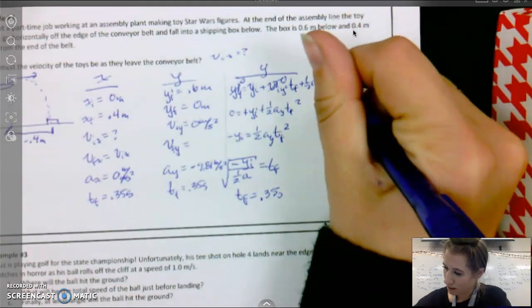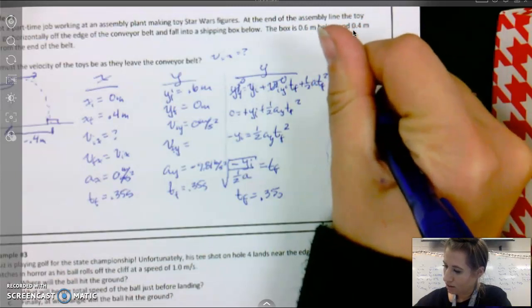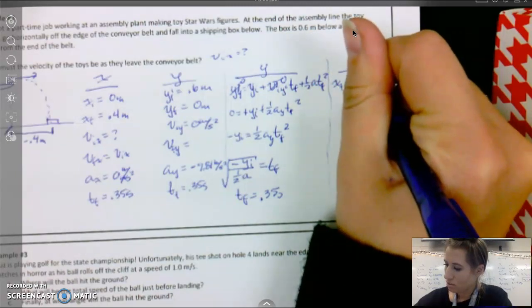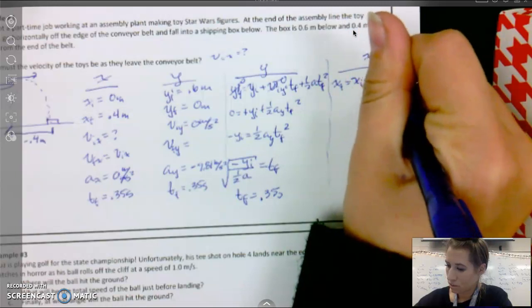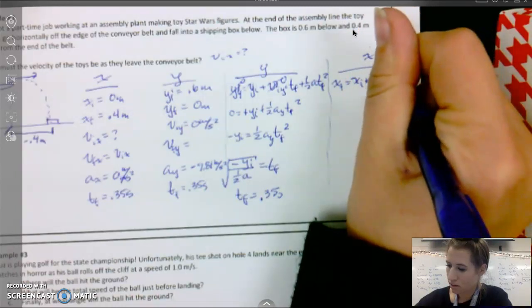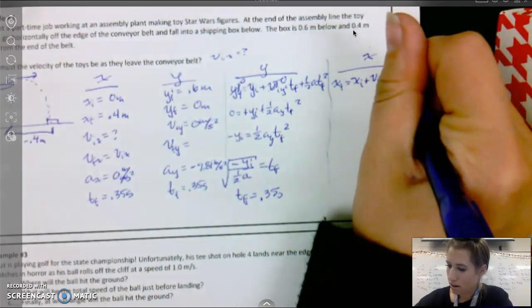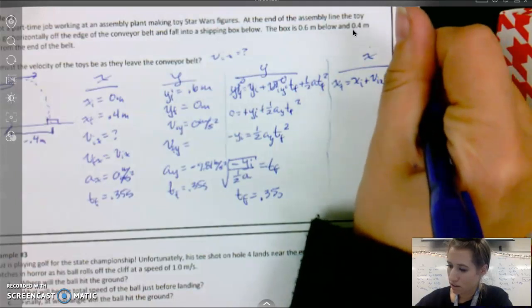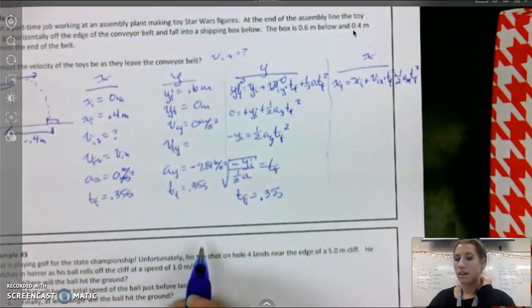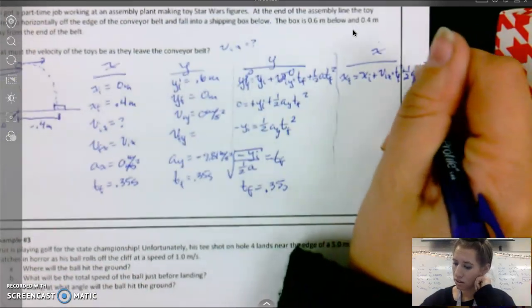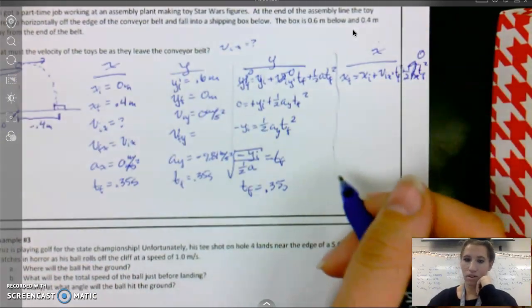That big equation is x final is equal to x initial plus velocity initial in the x multiplied by time final, sorry, not squared, plus 1/2 acceleration time final squared. Okay, now the acceleration in the x direction, that's 0.